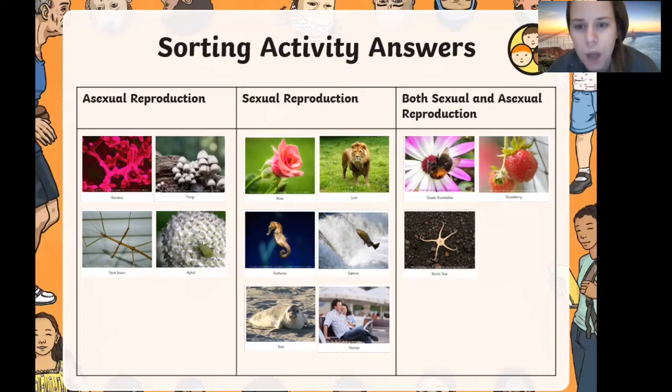And then we have got some others that are both sexual and asexual. We've got a queen bumblebee, so she can produce a new queen bumblebee by herself. We have got strawberries, and I think that says a beetle star, although I'm not sure, it's very small and I can't quite read it.